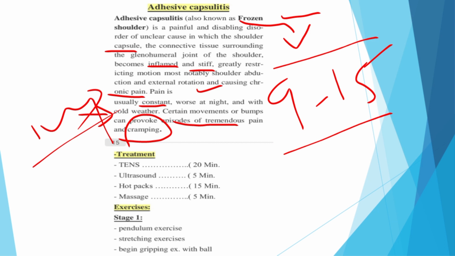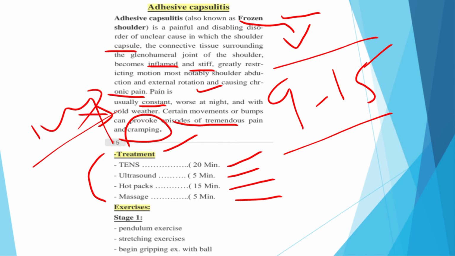The treatments for frozen shoulder are here. We can use electrotherapy in this regard: TENS for 20 minutes, ultrasonic therapy for 5 minutes, hot packs to reduce the stiffness and relax the muscles, and massage therapy for 5 minutes.